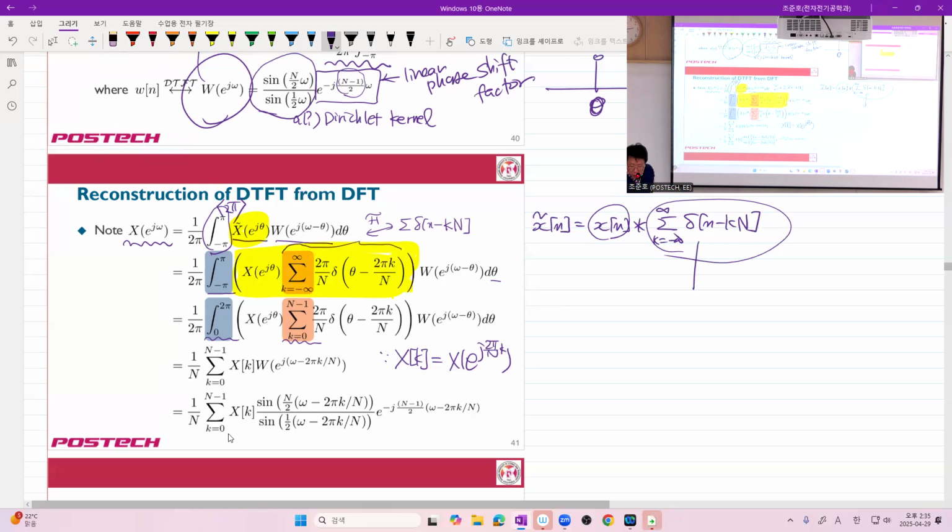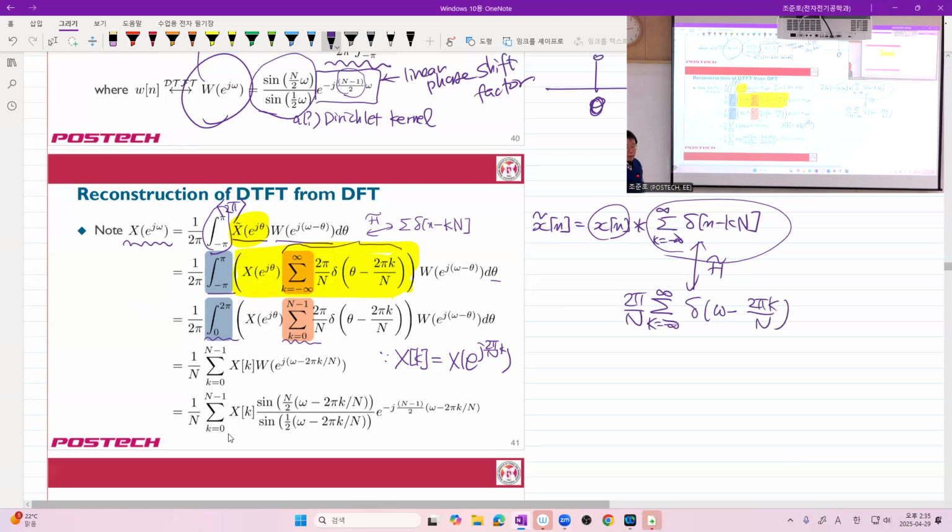And we know that the DTFT of this periodic signal or sampling signal is a periodic signal with period exactly the inverse of this period times 2 pi in the radian frequency. Got it? And you have this 2 pi over capital N. That's why from here to there you have this infinite sum.